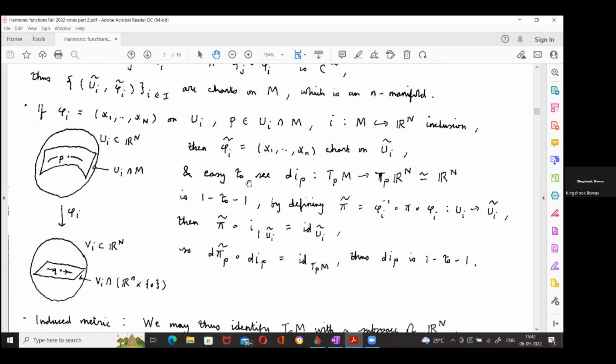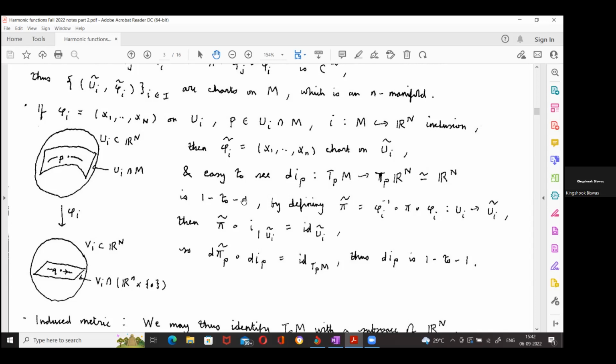So then what you can see is that the derivative of this inclusion map. So M is a smooth manifold, right? So this I will be a smooth map sending the tangent space TPM to the tangent space of R capital N, which is identified with Rn.